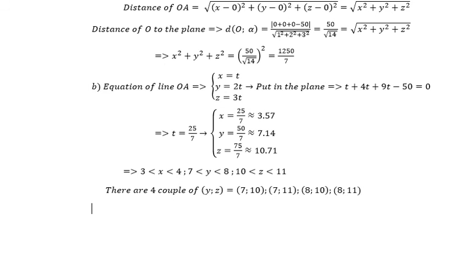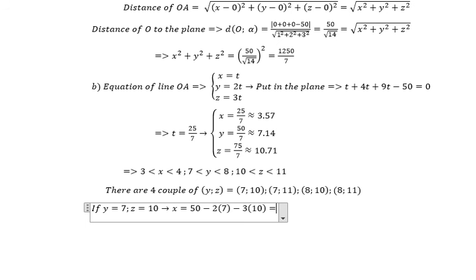For example, if y equals 7, and z equals 10, we can find x here as 50 minus 2 multiplied by y, that's 7, minus 3z, that's 10, and we get the value in here. Let's see, number 6.